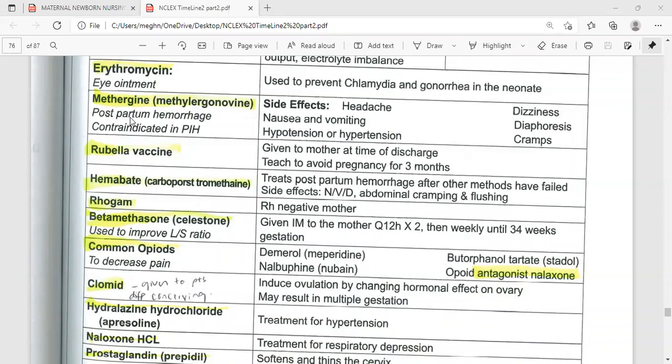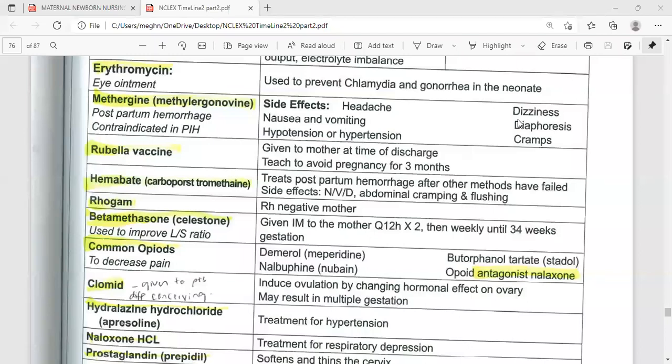Very important: postpartum hemorrhage. Side effects can include headache, nausea, vomiting, hypotension or hypertension, dizziness, diaphoresis, and cramping. In maternity, the most common side effect is uterine cramps, and other side effects are very minor.